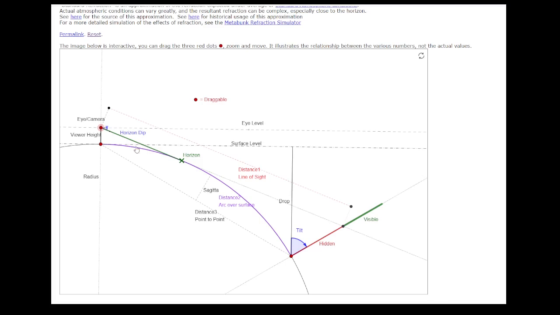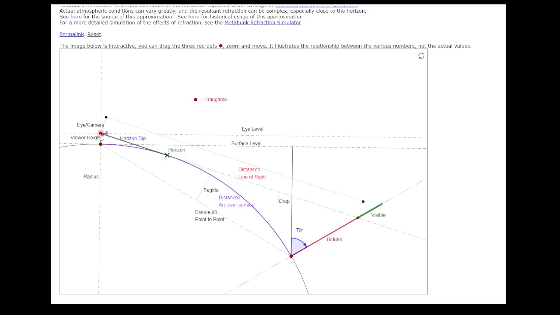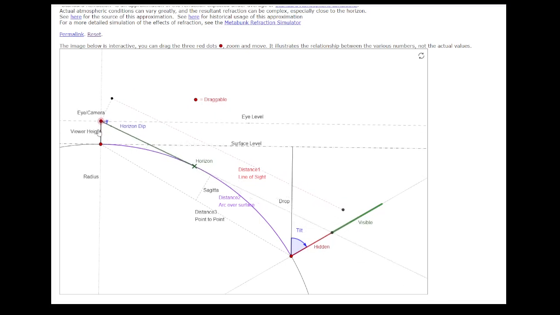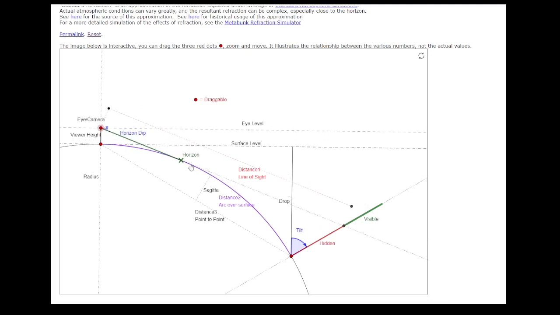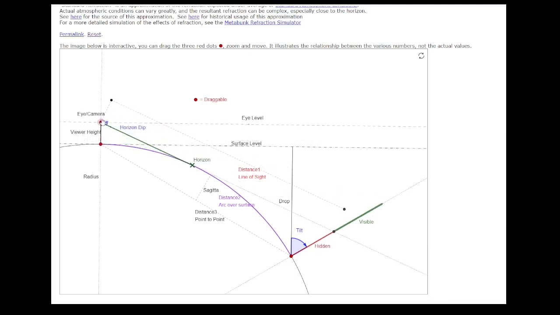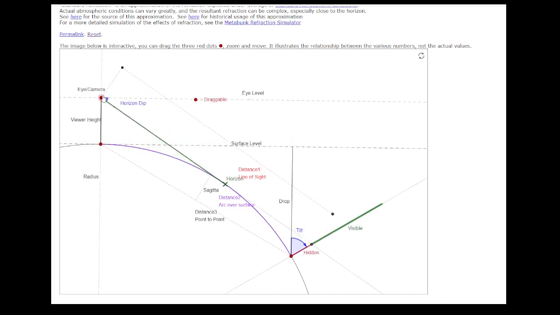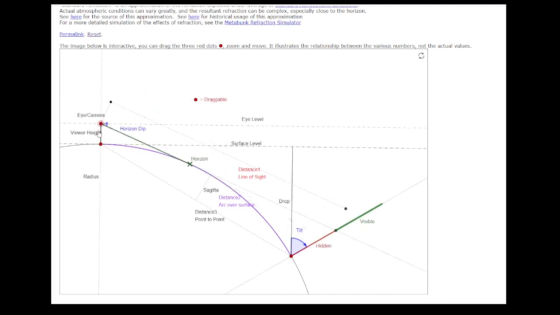Now, what happens here is as you raise your eye level up and down, the horizon, of course, gets closer to you as you get closer to the surface, and the horizon gets further away as you gain more height above the surface.